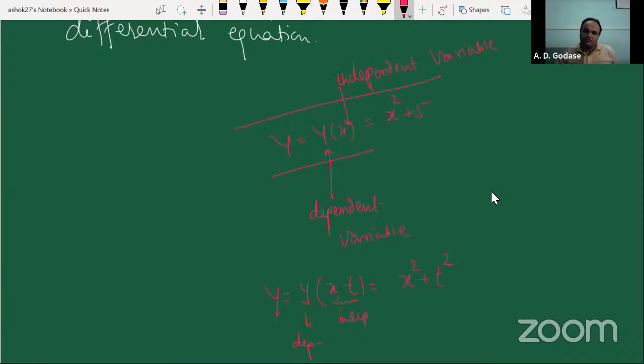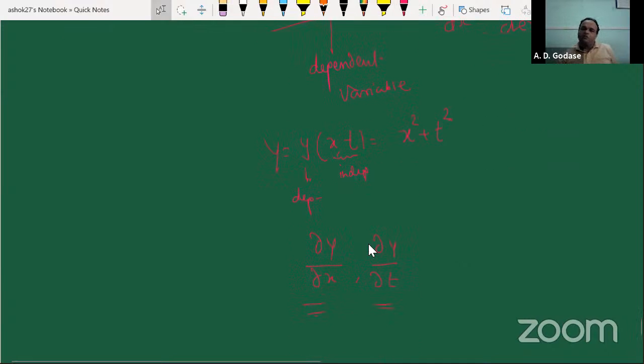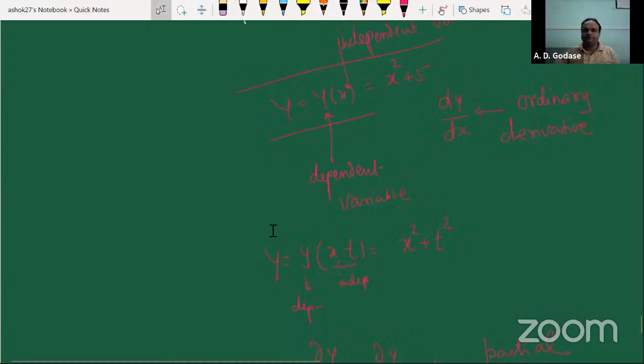If y is a function of x only, with only one independent variable, then dy by dx is an ordinary derivative. But if there is more than one independent variable, the derivatives are partial derivatives. So the difference is there.